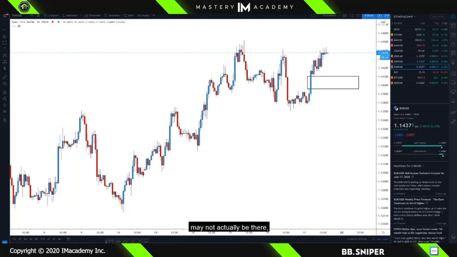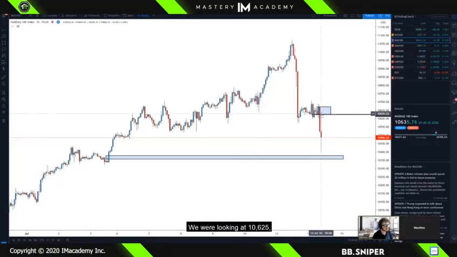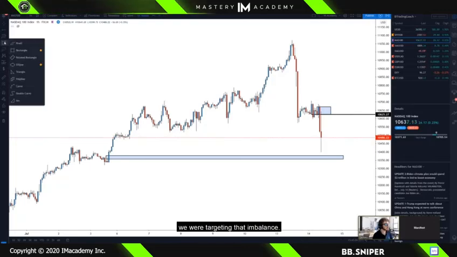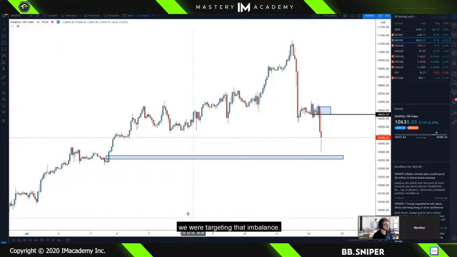But that candlestick may not actually be there to begin with. We were looking at 10,625 and why we were targeting that imbalance.